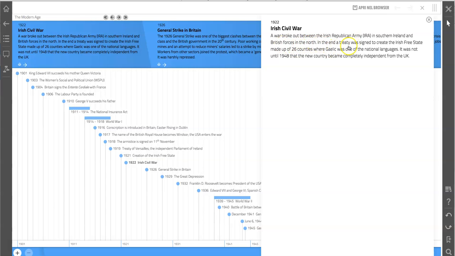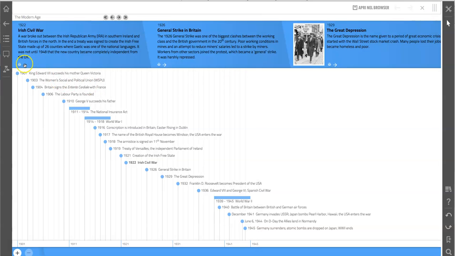In the end, a treaty was signed to create the Irish Free State, which was made up of 26 counties, where Gaelic was one of the national languages. It was not until 1948 that the new country became completely independent from the jurisdiction of the UK.